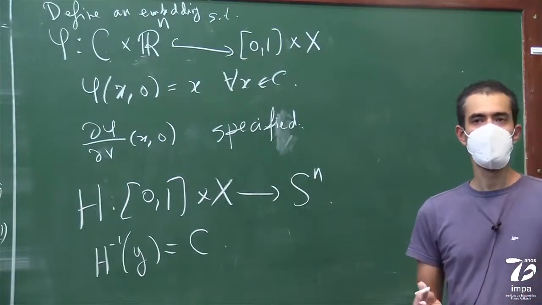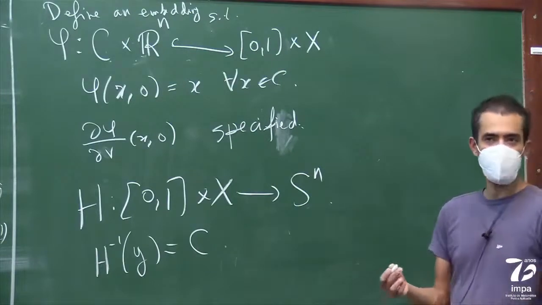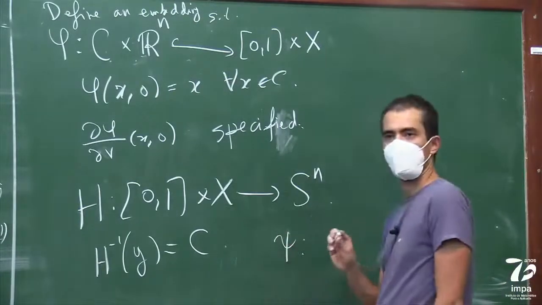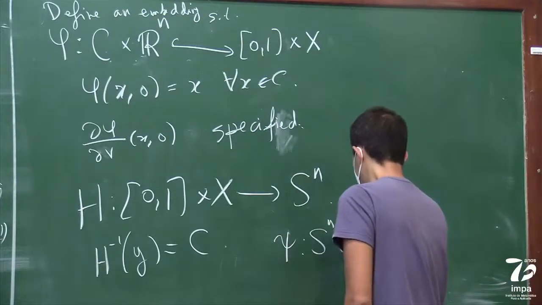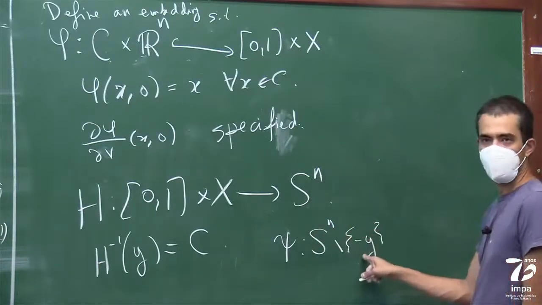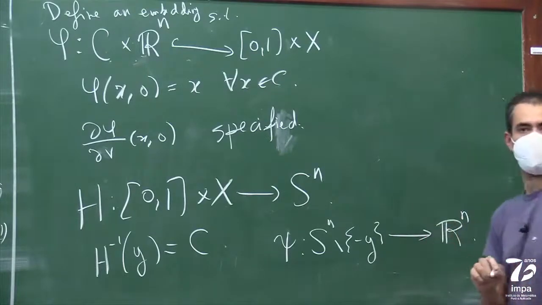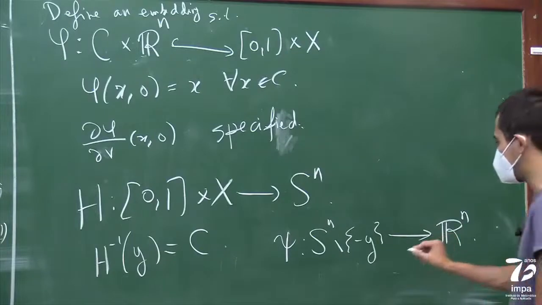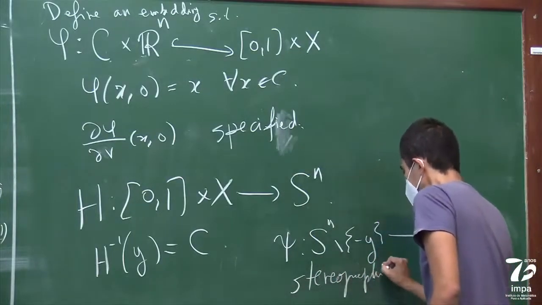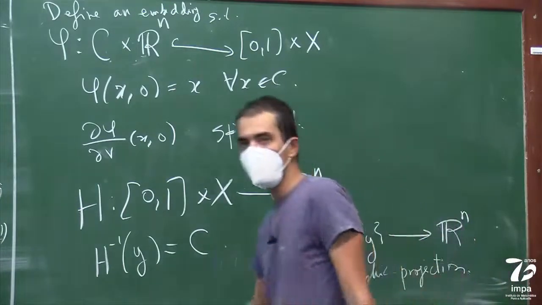So what will I do? I'm going to use something very nice called stereographic projection. And that's why we actually have to be on Sn. So I'm going to define psi, which is the stereographic projection, from Sn minus negative y, and take this to Rn. The stereographic projection is very nice.